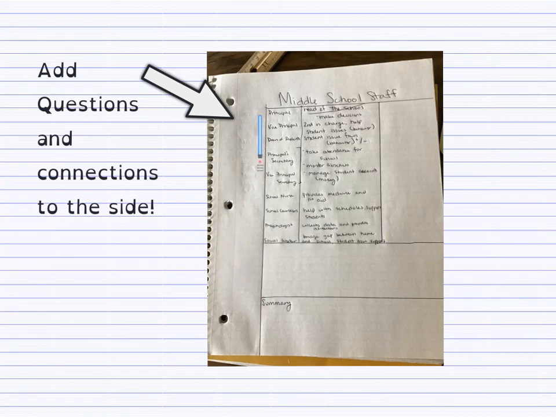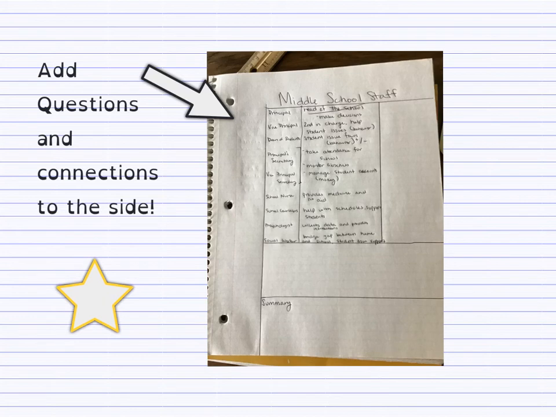Also, you can make connections. So if you are someone who remembers your principal from elementary school, you can say, my principal in elementary was blank, right next to the principal tab. Your goal is going to be to add, let me get my star box.